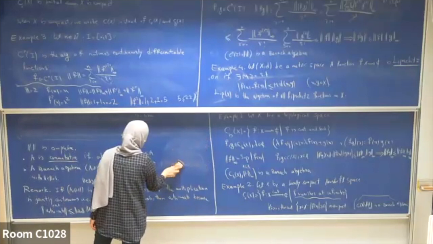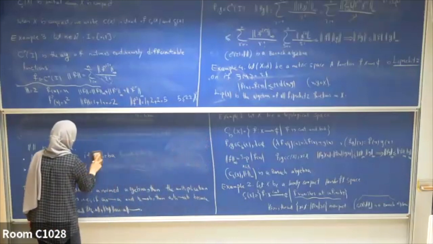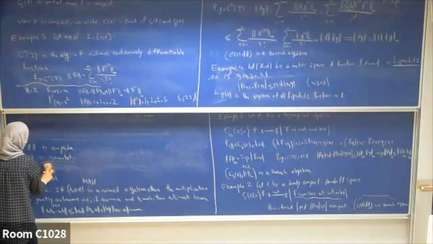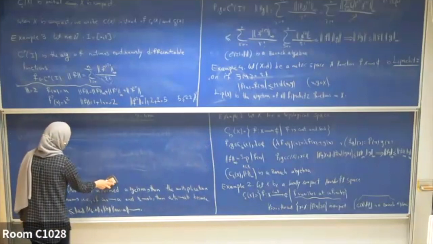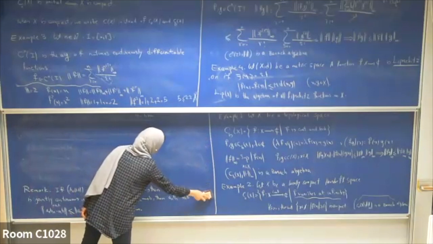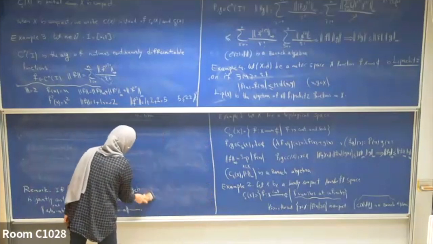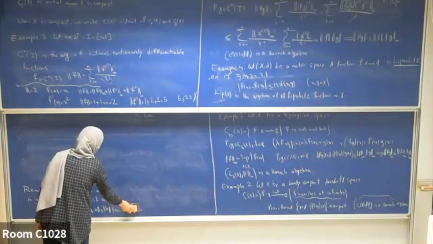Again, with pointwise operations, it's commutative and unital. The unit element is, of course, the constant function 1, and you will see that the norm of this element is 1.